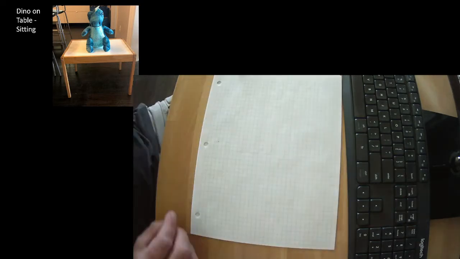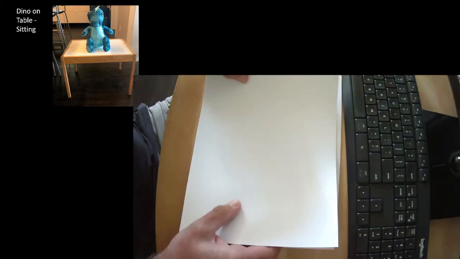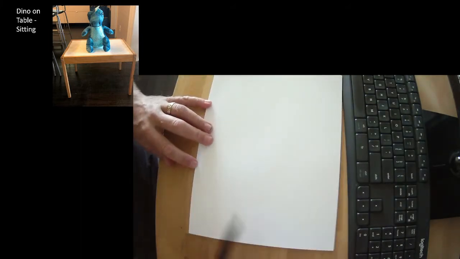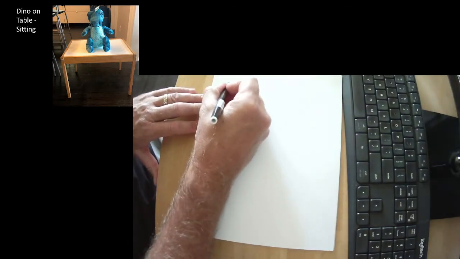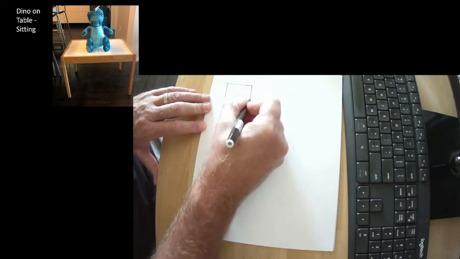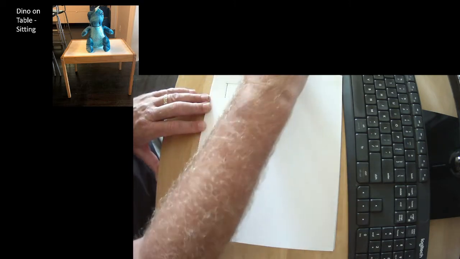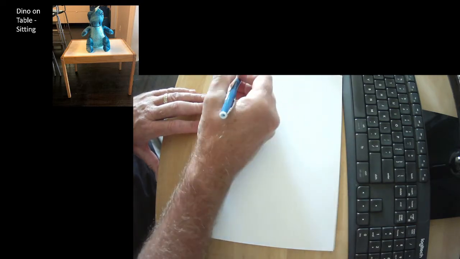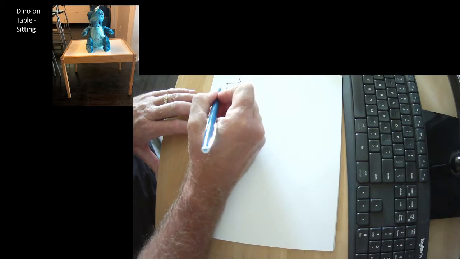So what are the things that we're going to look at? This is our table. And this is Dino sitting on our table.